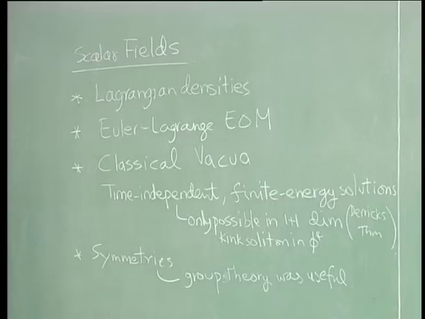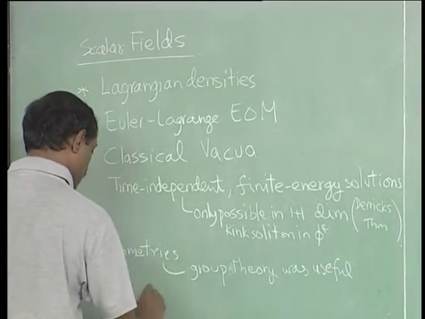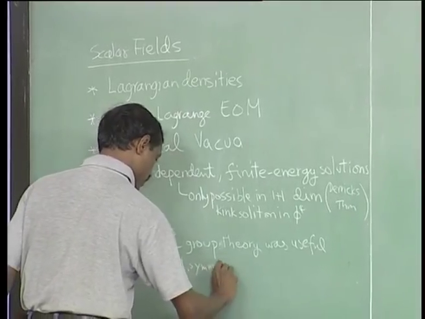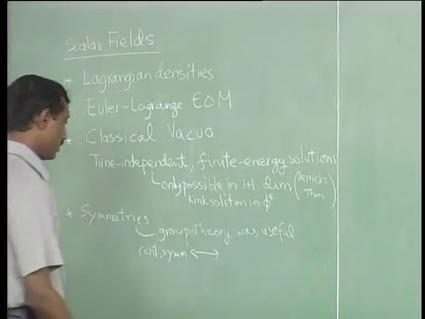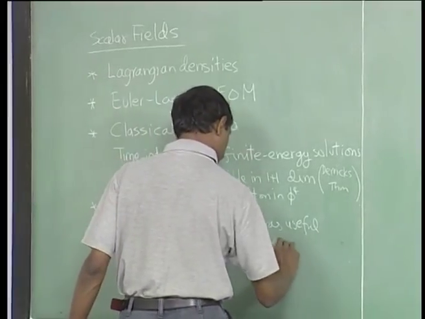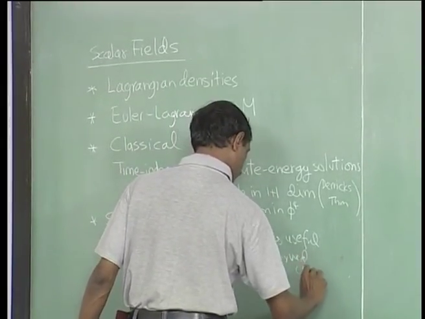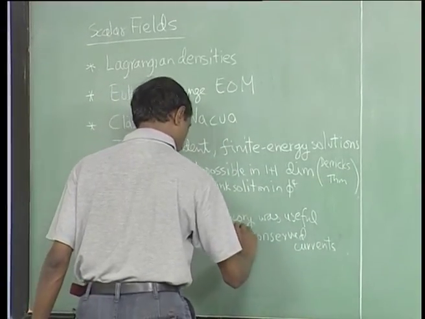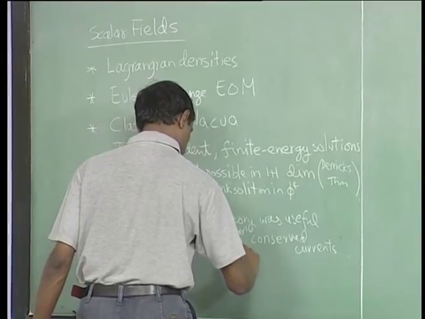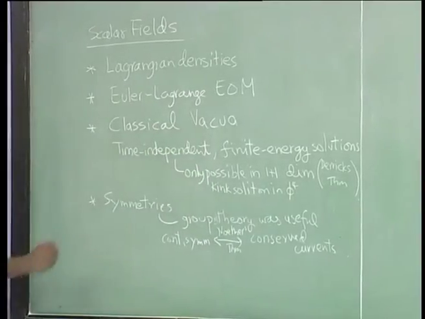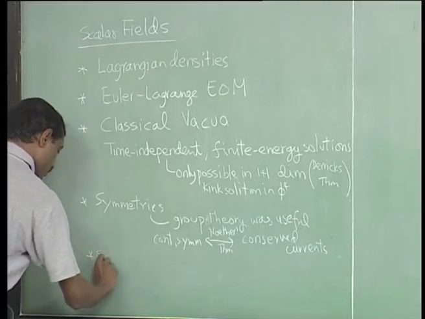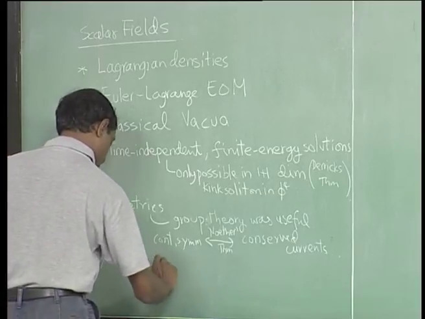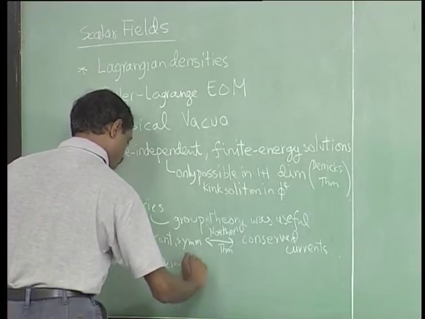We also saw that continuous symmetries implied conserved currents, and this was called Noether's theorem. Okay, and then we discussed symmetry breaking, or what we call hidden symmetry.